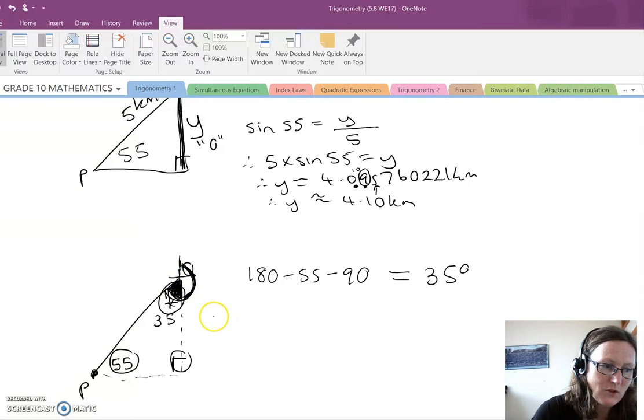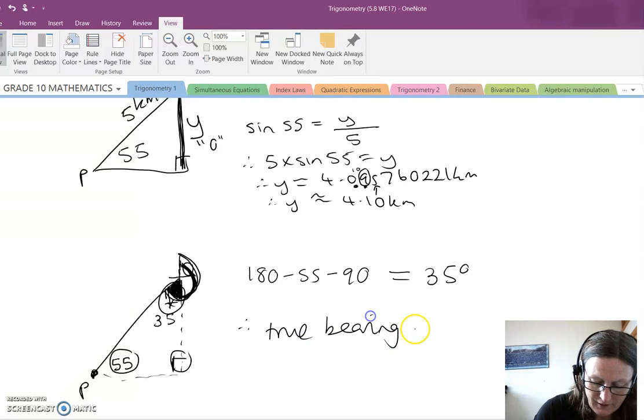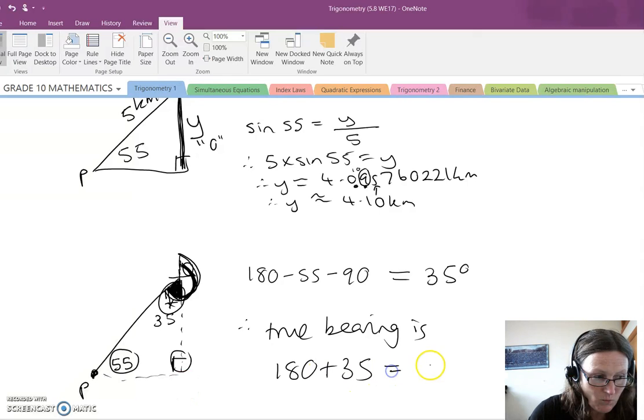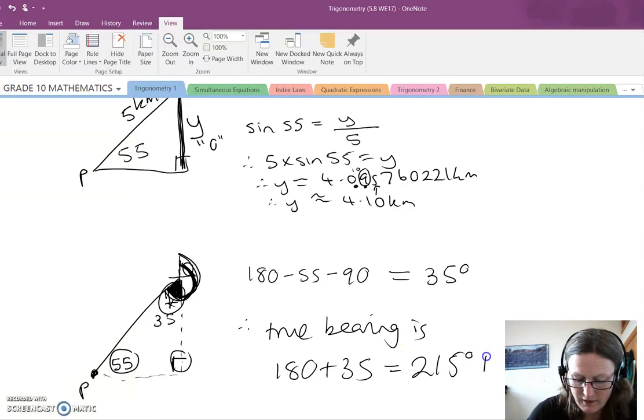This angle forms a straight line, which is 180 degrees. So in total, the true bearing is 180 for here, plus the 35. So therefore, the true bearing is 180, that's that straight angle, plus the 35. So what is the true bearing of P from Q? The answer is 215 degrees true.